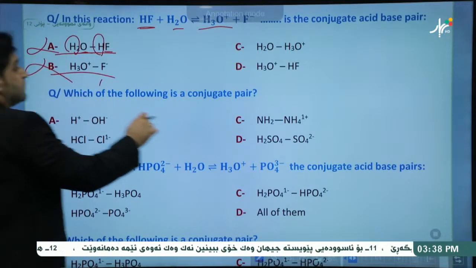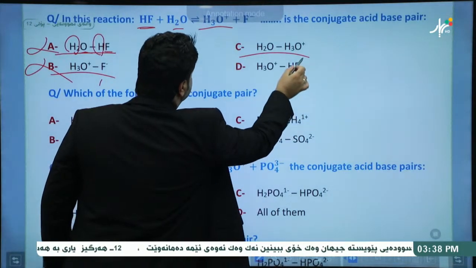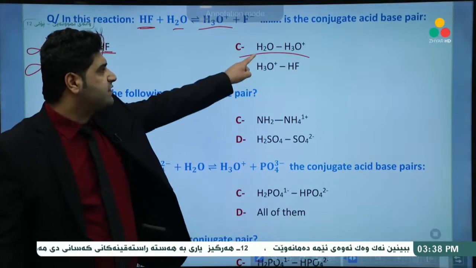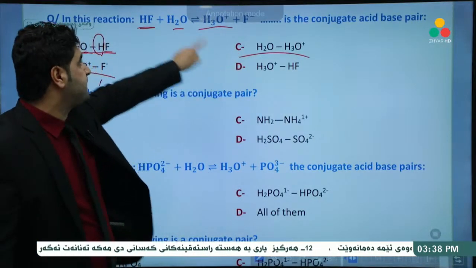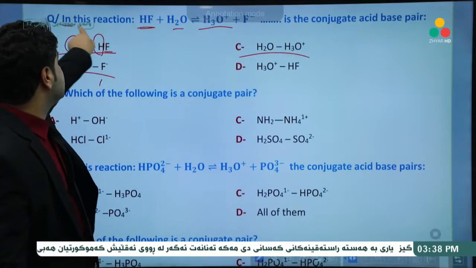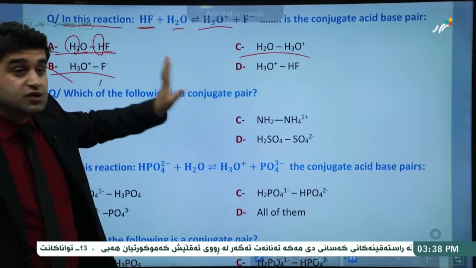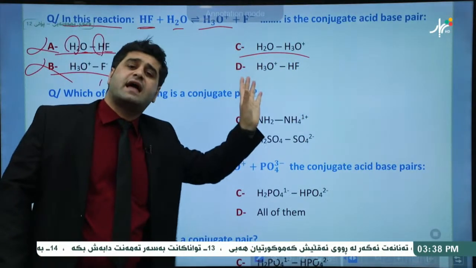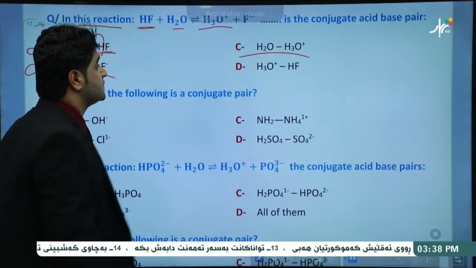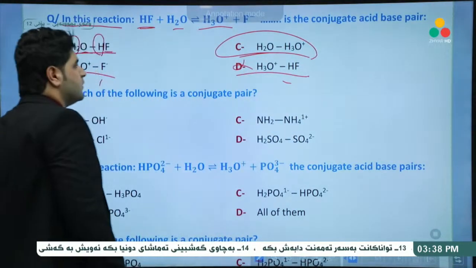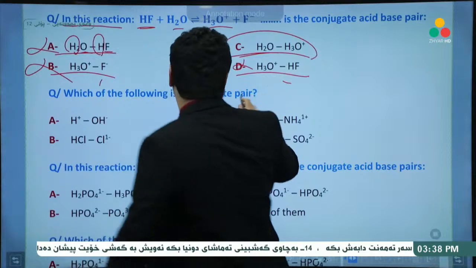It is a conjugate acid-base pair type, but we should check whether that conjugate acid-base pair is in the reaction or not, because the question says in this reaction. So it should be a conjugate acid-base pair and should be present in the reaction at the same time. Well, what will happen if you have this answer instead of D?